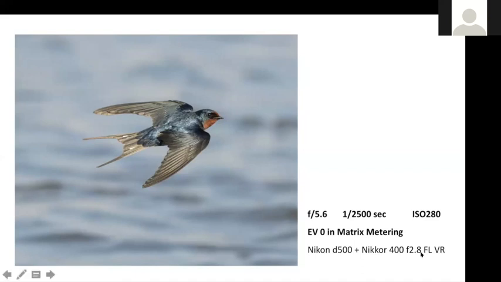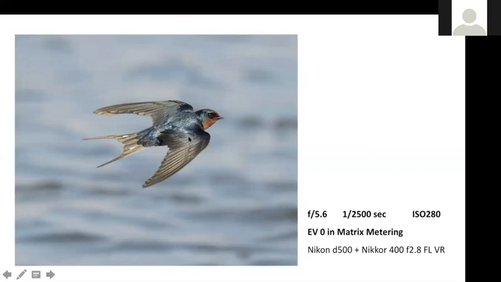So the Nikon 400 mm 2.8 was probably the right lens of choice. In fact, the day I could get my hands on the 400 2.8, the very next morning I went to a spot that I know of, having these birds, and tried shooting them. So this was, for example, the resulting image.